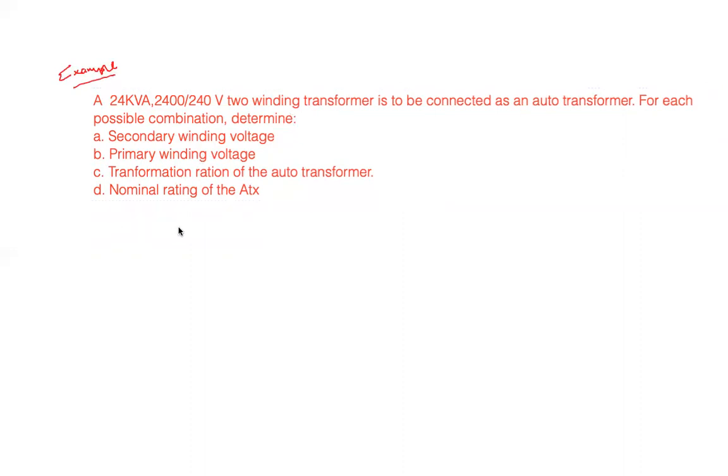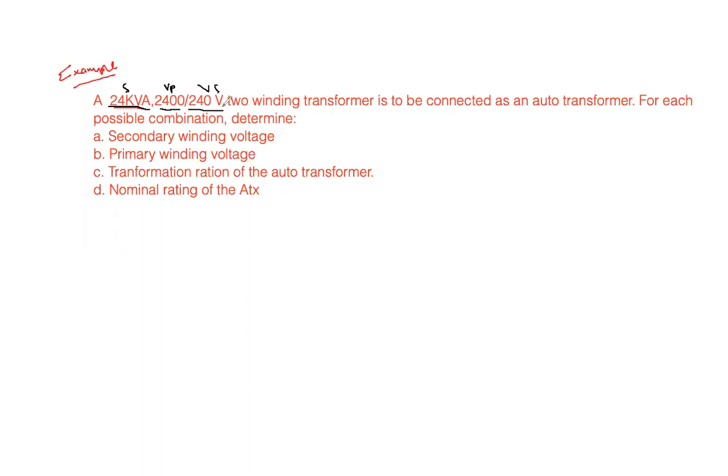All right. So in this question, we are given a two-winding transformer and it's rated. That is the apparent power S, that's VP on the primary side, and this one is VS. So that is a two-winding transformer.